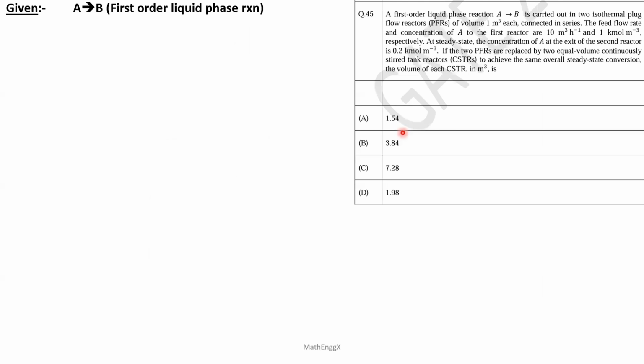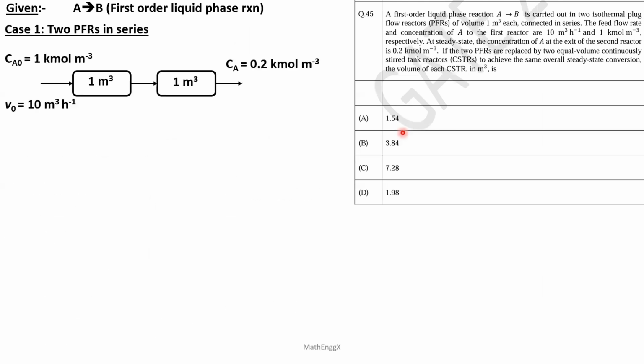So let us note down the given parameters. We have two PFRs in series of equal volume, 1 meter cube. The inlet consists of A with concentration 1 kilomole per meter cube, and the volumetric flow rate is 10 meter cube per hour.